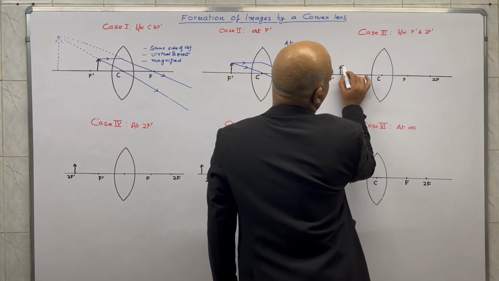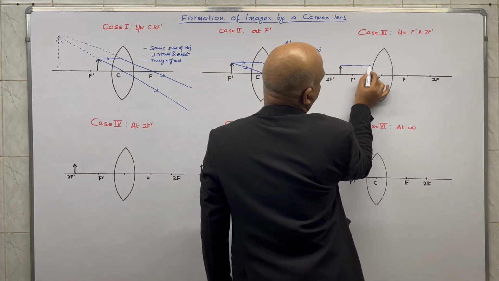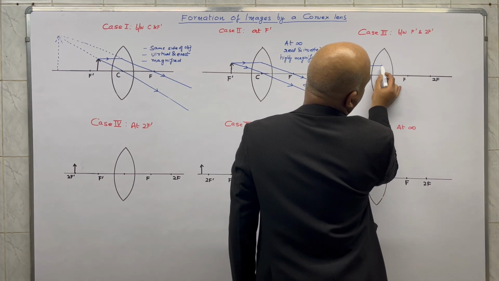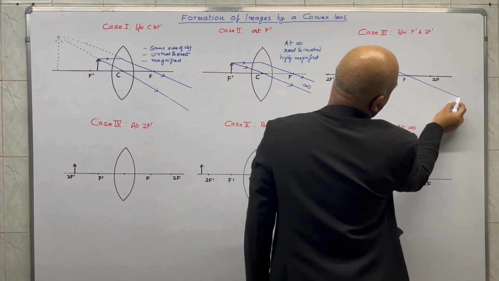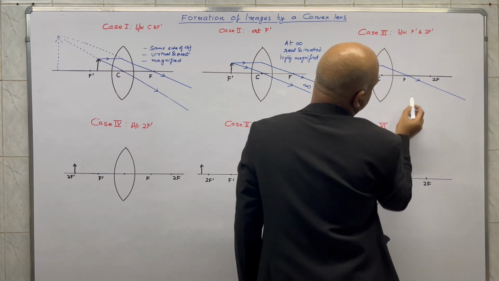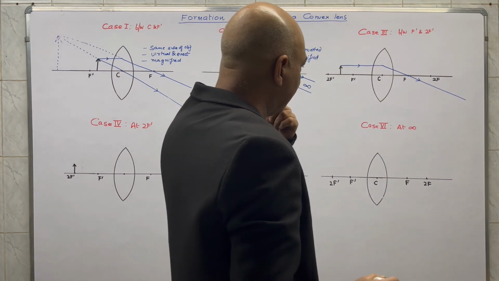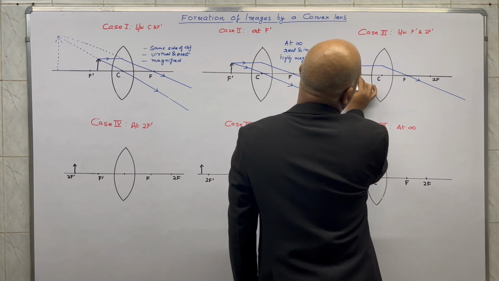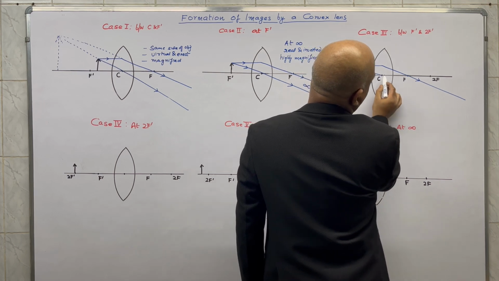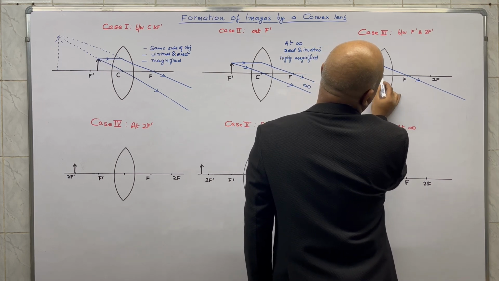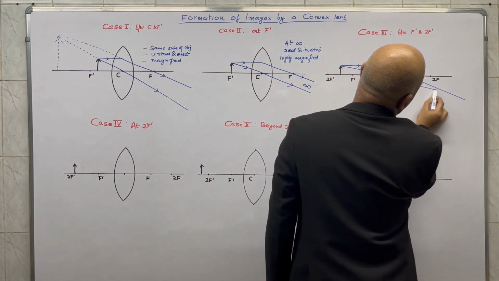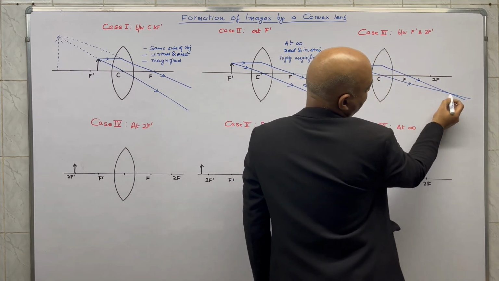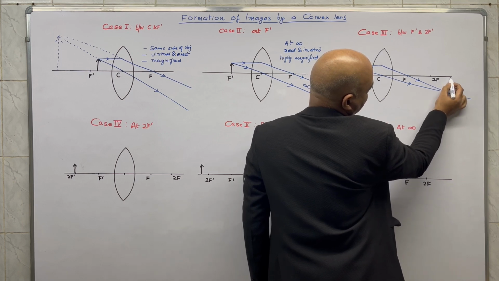The first ray, as usual, parallel to the principal axis. After refraction passes through focus, and second ray passing through C, going undeviated, and the two rays after refraction are meeting here.